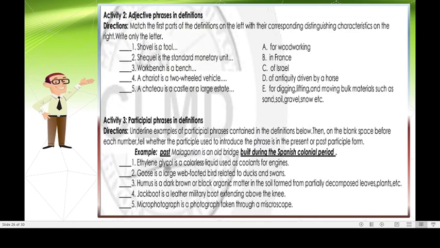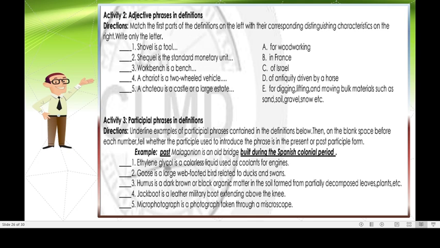Followed by Activity 2 entitled Adjective Phrases in Definitions. The direction: match the first parts of the definitions on the left with their corresponding distinguishing characteristics on the right. Write only the letter. Next, we have Activity 3 entitled Participial Phrases in Definitions.